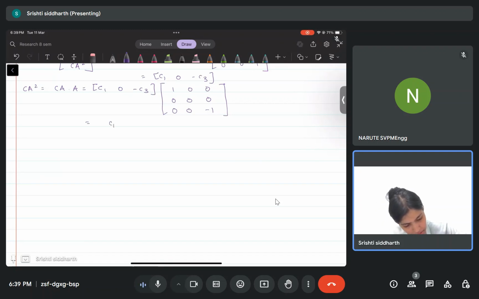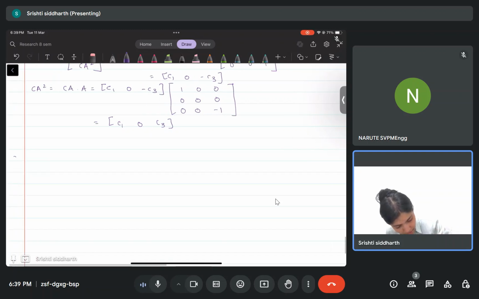This is then C1, 0, this becomes plus C3. Alright, so let's form the observability matrix first. We have C1, C2, C3, C1, 0, minus C3, C1, 0, plus C3.